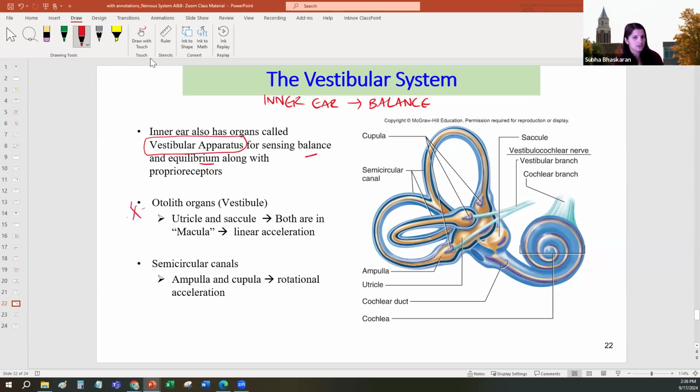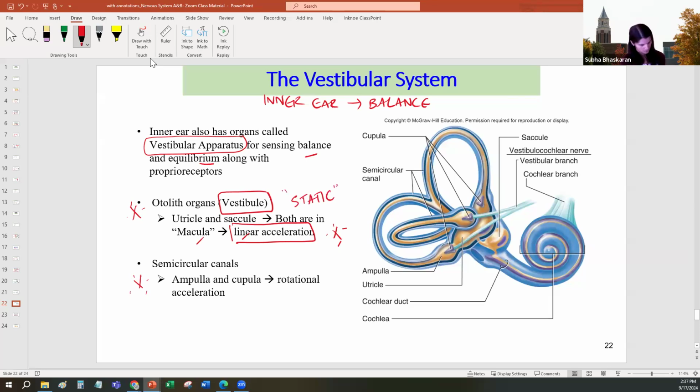Important here is we have the vestibule that has these structures that help with linear. What does linear mean? For example, look at me. If I'm just doing this linear, one way, looking at it static and not moving, right? So linear means static.